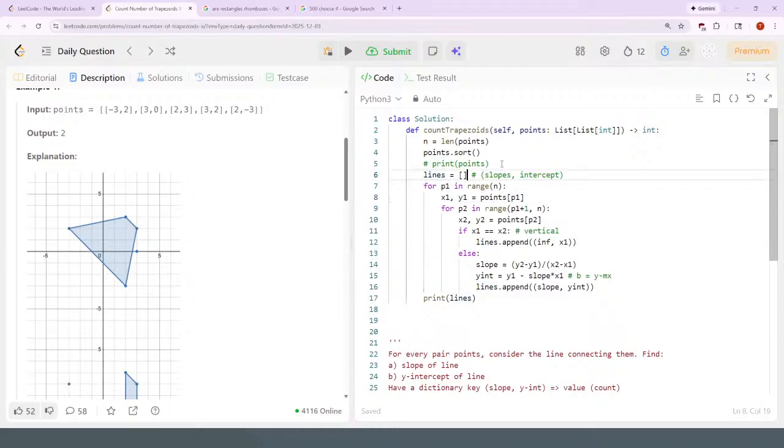So for every slope intercept that's unique, I need to keep track of the count of it, which is the number of sides that can be formed on that line. Then for every side, I need to also keep track of the actual points that are involved.